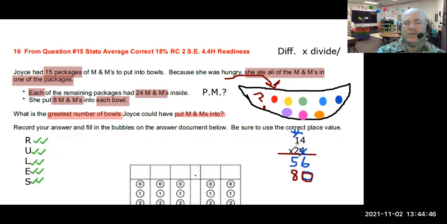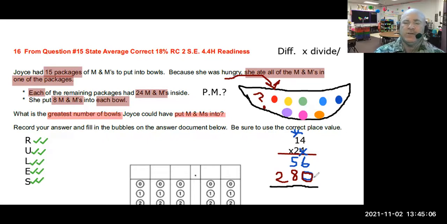Climb back down the building. 2 times 1 is 2. There are no carries because that one's already been crossed off.